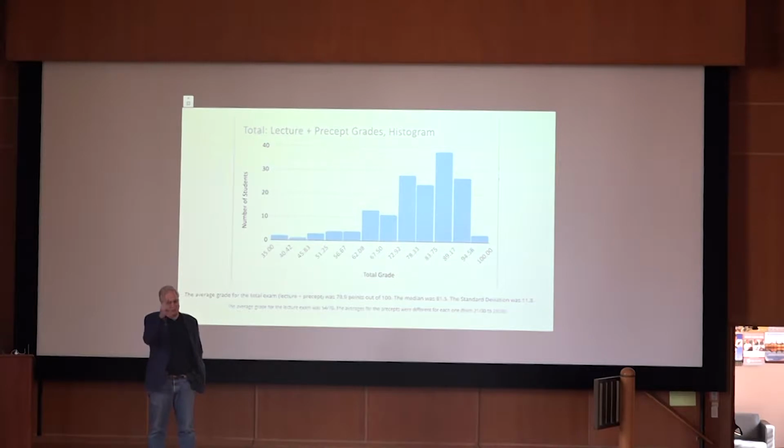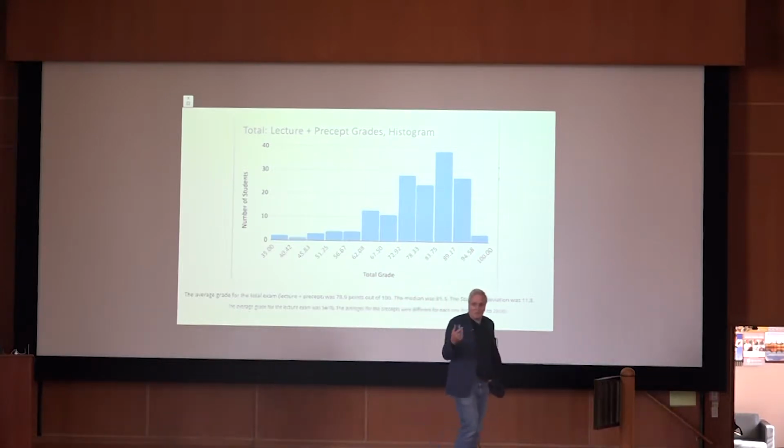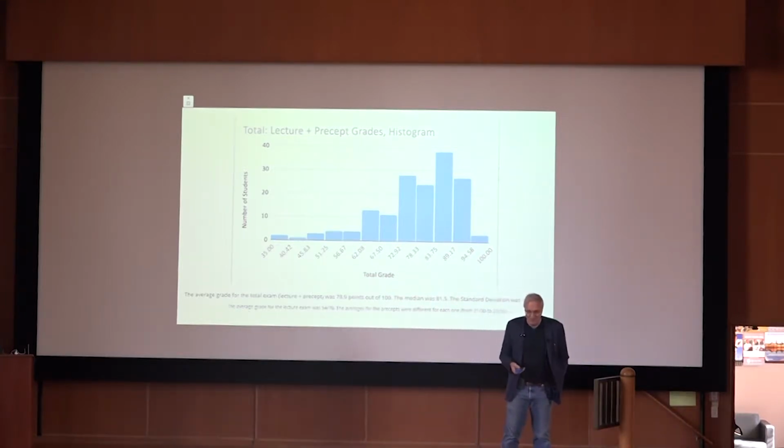And from that, I draw lines on it that separate A's from A minuses, from B plus, from B's, and so on. Now, this is Princeton, so a large majority of you will get A's and B's in this course, okay? And so how do you read something like this? The first thing you want to remember is that this is worth 20% of your grade.